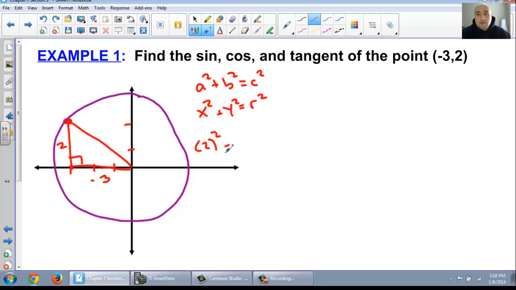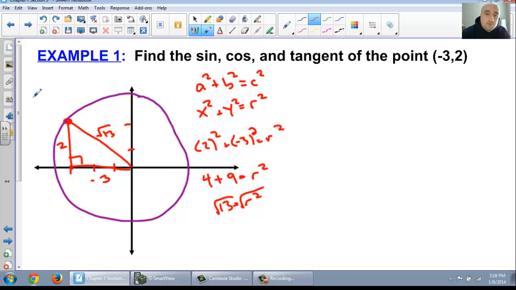So 2 squared plus negative 3 squared equals r squared, or c, doesn't matter. 4 plus 9 equals r squared. 13 equals r squared. Square root both sides. So r is the square root of 13. We cannot simplify that, so we're just going to leave it.